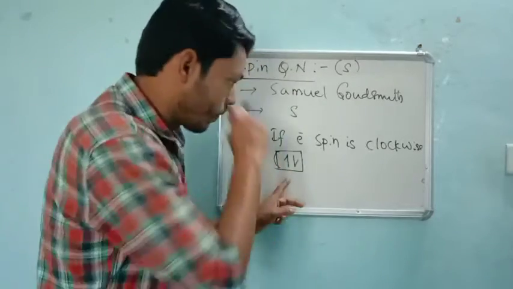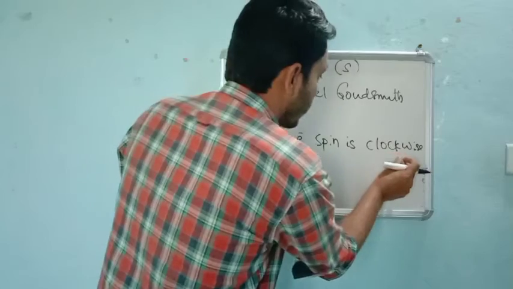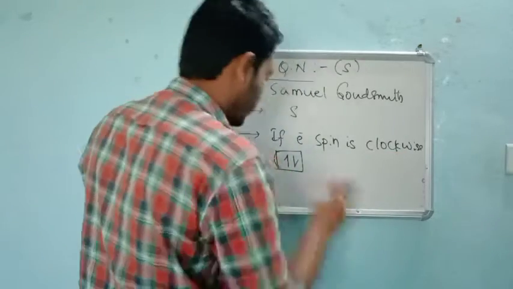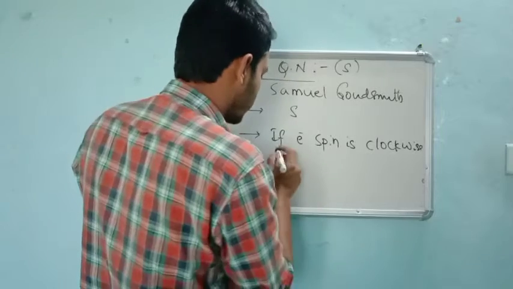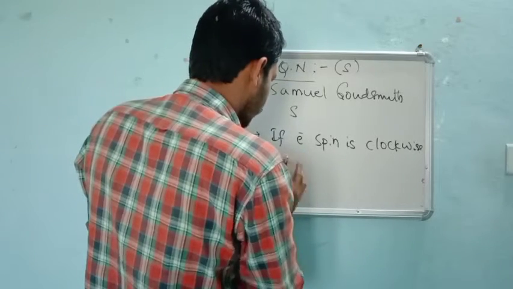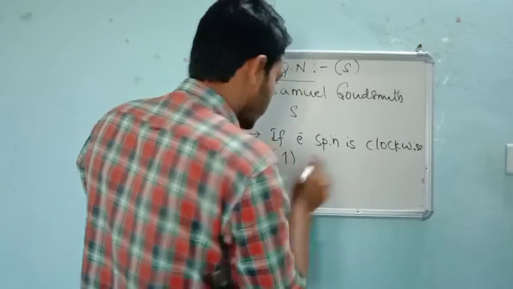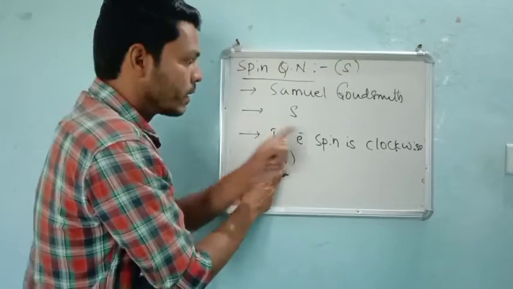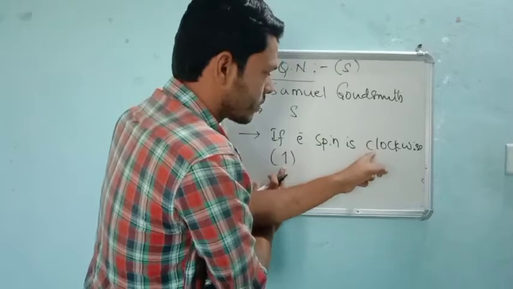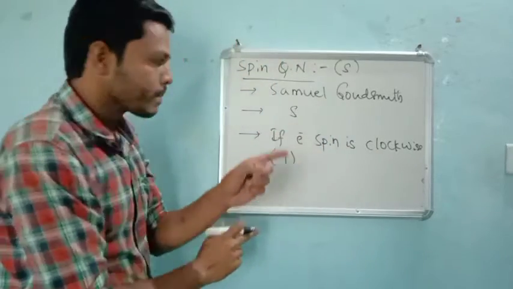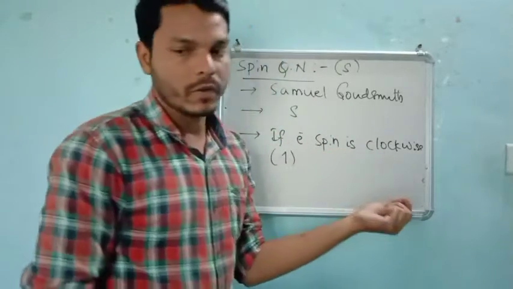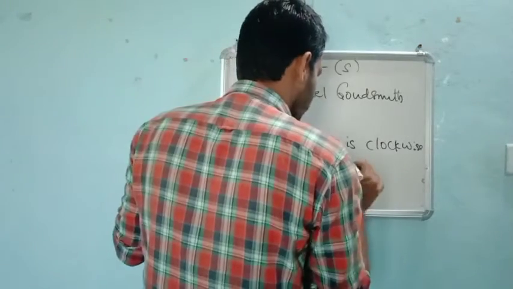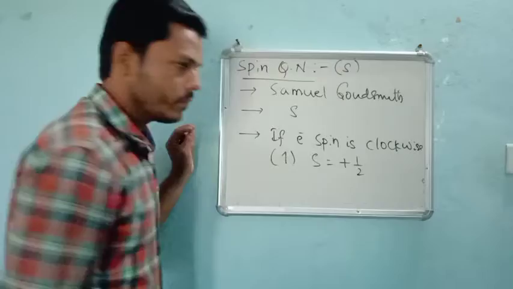If the spin of the electron is clockwise, like this, whenever there is an up direction electron, its spin will always be clockwise. Then the s value is plus half.